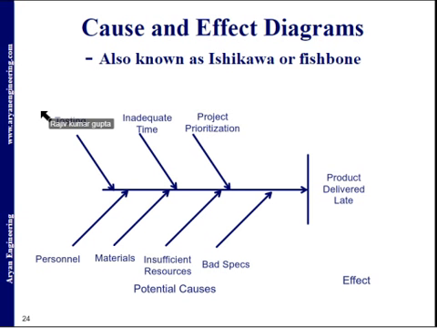The technique was then published in his 1990 book, Introduction to Quality Control. The diagram that you create is known as an Ishikawa diagram or a fishbone diagram, because a completed diagram can look like the skeleton of a fish. So you can see this diagram, this is the Ishikawa or fishbone diagram, and it looks like a skeleton of a fish.